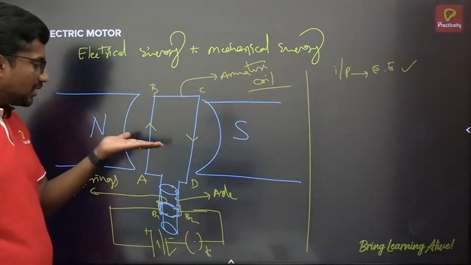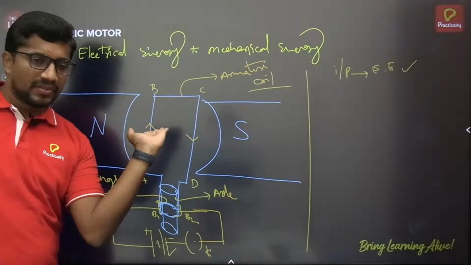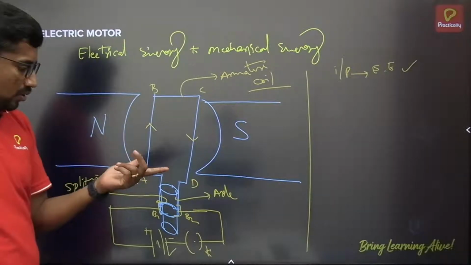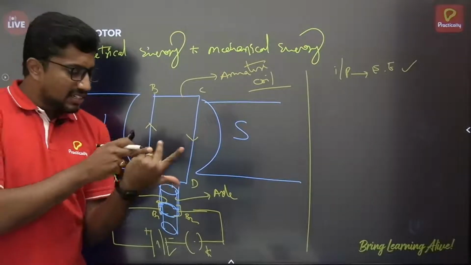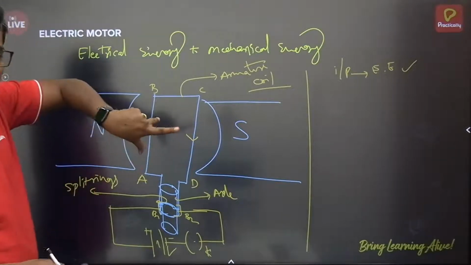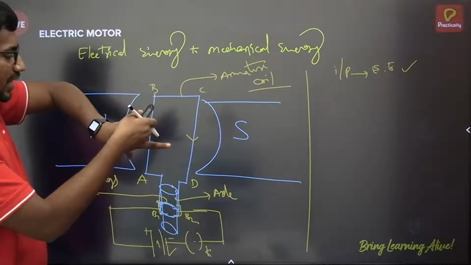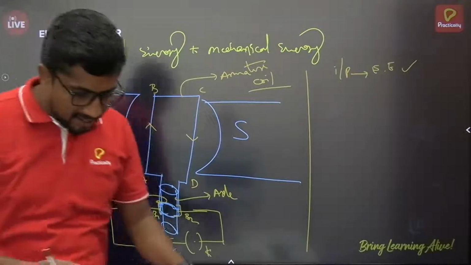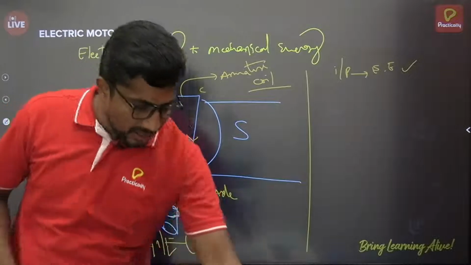I am taking the coil as a plane like this, and along this edge the current will flow. This is my current direction, taken onto the plane, just as an example.